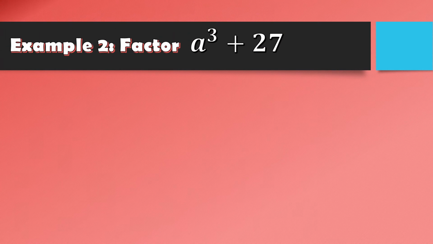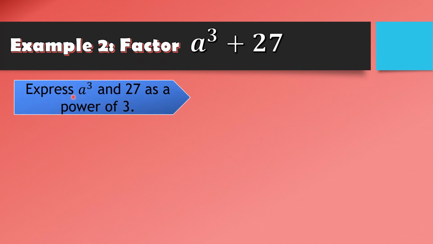For example 2, we are going to factor a cube plus 27. Tandaan, ang unang step natin is to express a cube and 27 as a power of 3. So, para makuha natin ang magiging base ng a cube kapag ginawa nating power of 3, i-divide lang natin ang exponent niya na 3 sa 3.